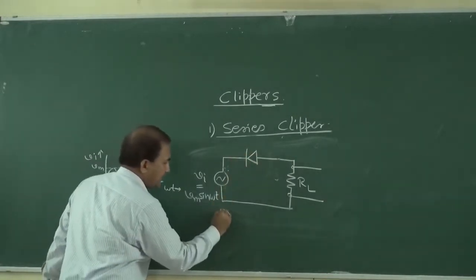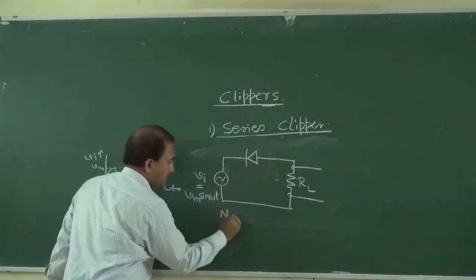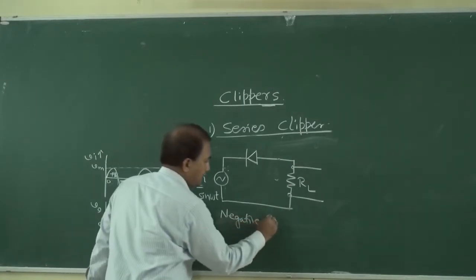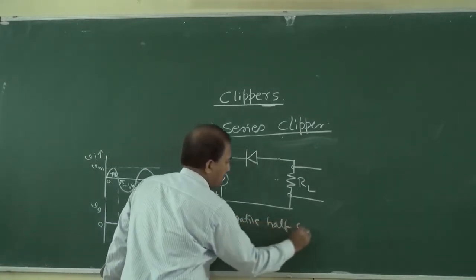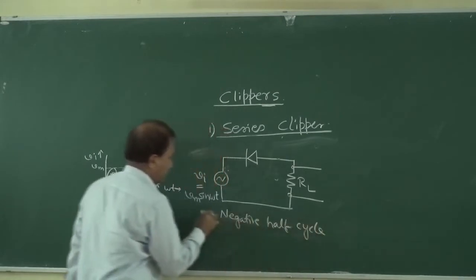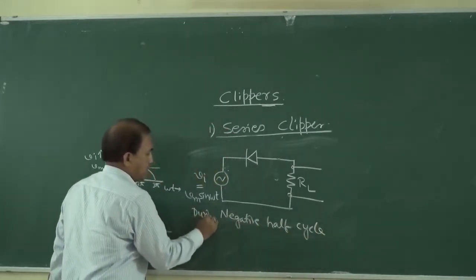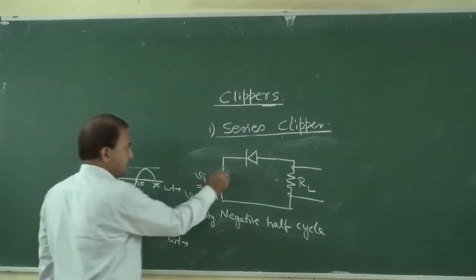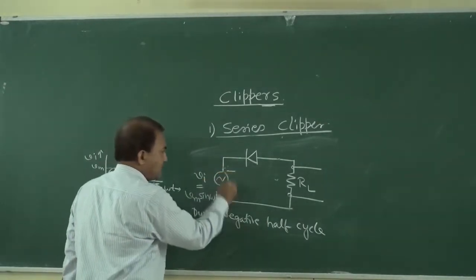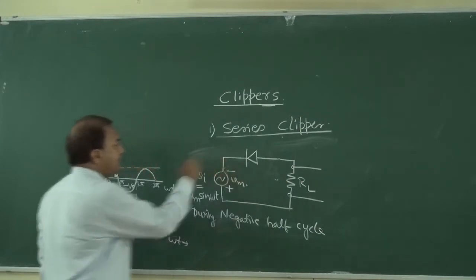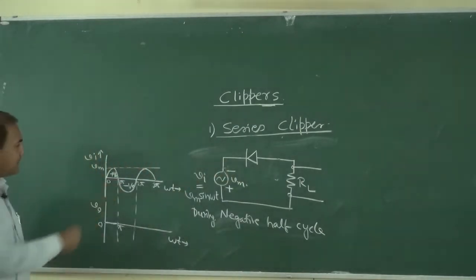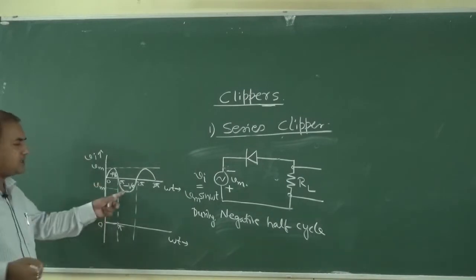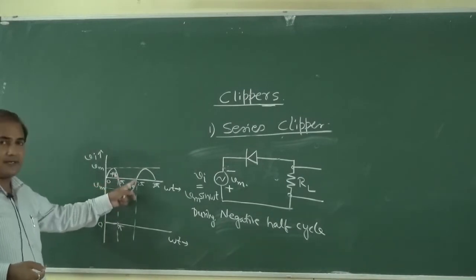This is for the negative half cycle. During the negative half cycle, this is negative and this will be positive, and here again Vm is the peak amplitude of the negative part.